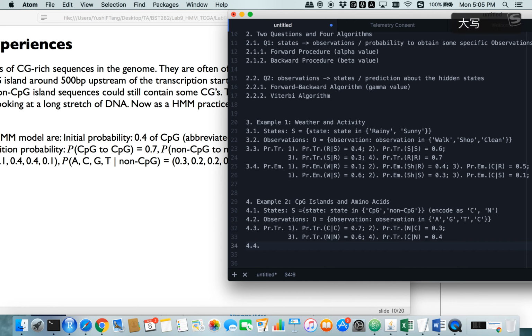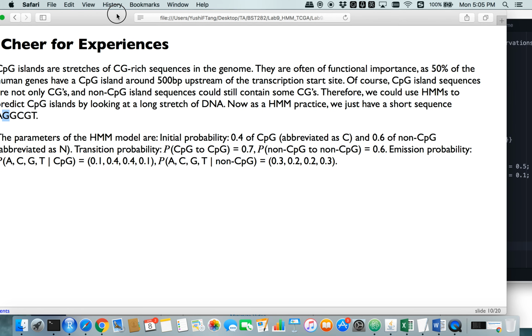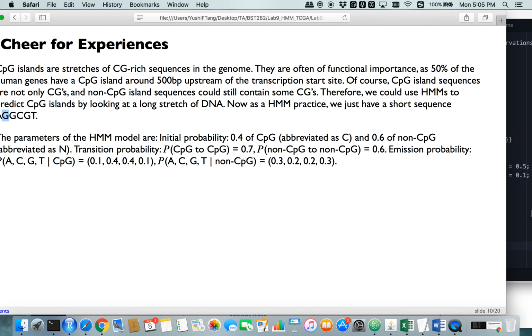And the fourth element would be the emission probability. So the emission probability might include, for example, given that this loci is in a CPG island, the chances of observing an A. It's 0.1, right? So it's here.